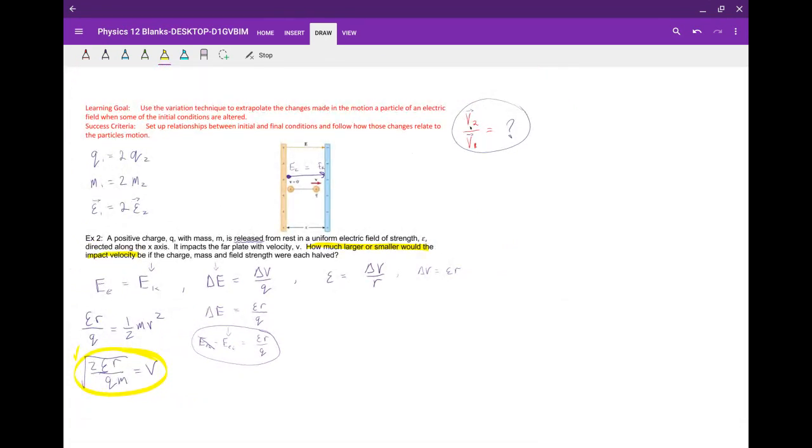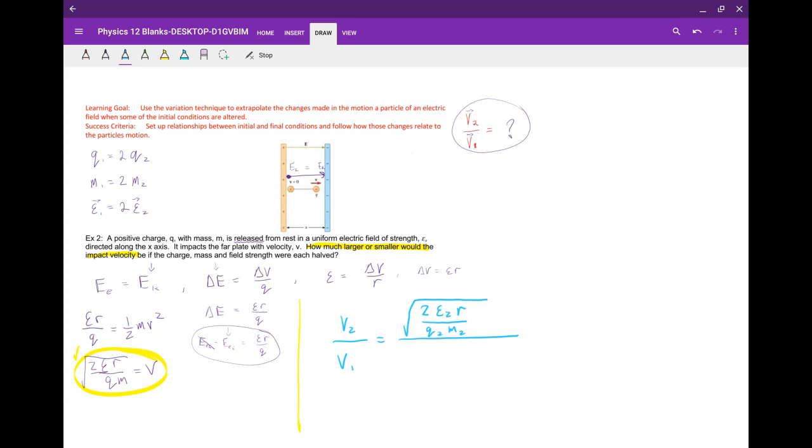All right. So maybe I'll move it down here so we can see a little better. So basically my V2 over my V1 is going to be the square root of 2 field strength 2 R over Q2 mass 2. Why am I using 2's there?